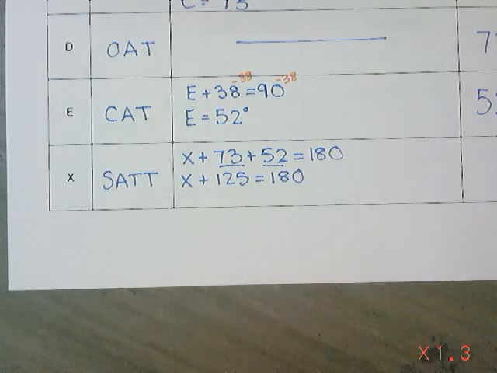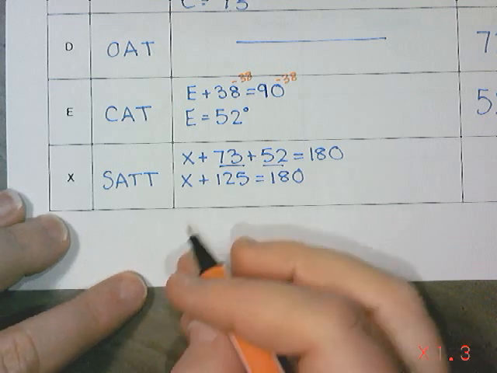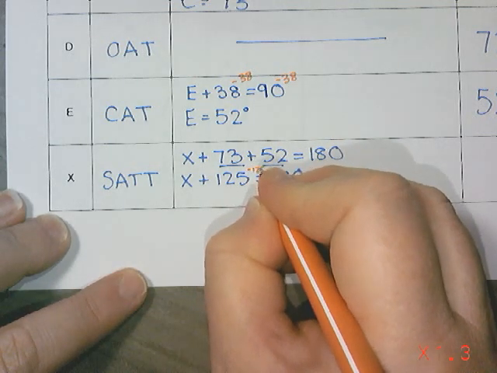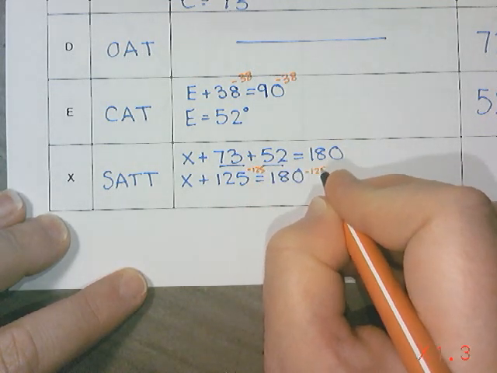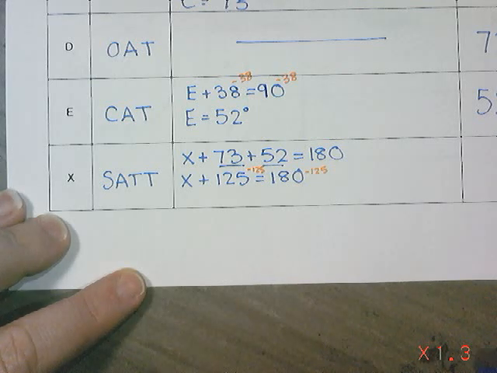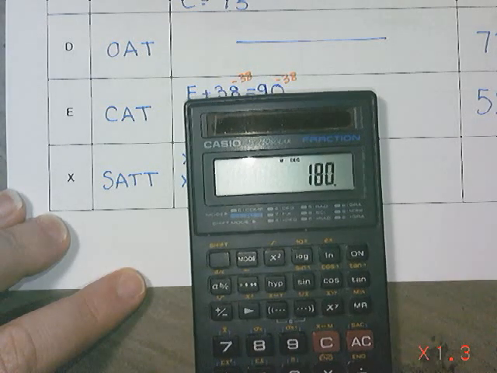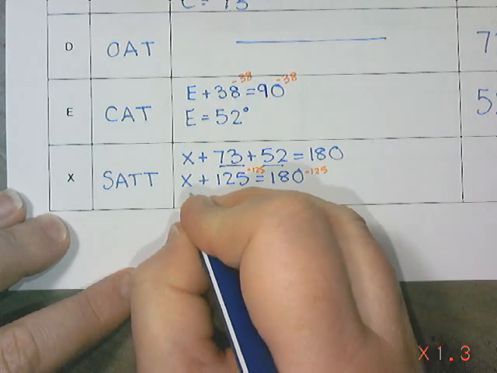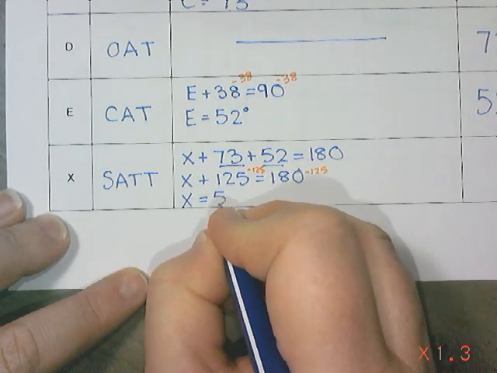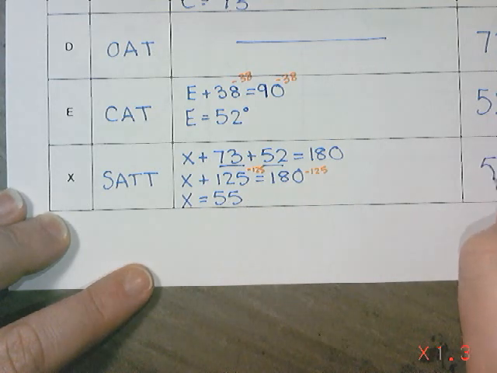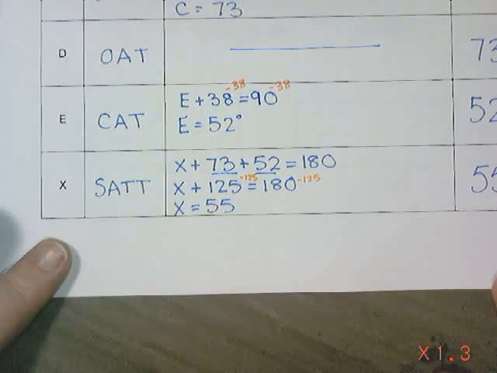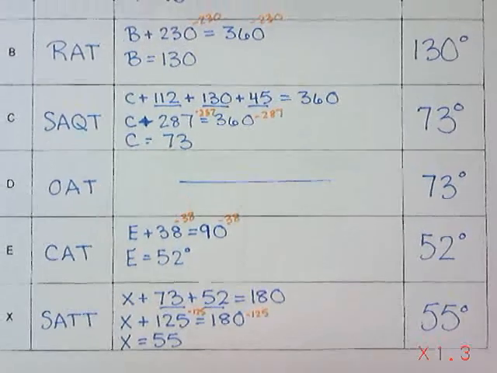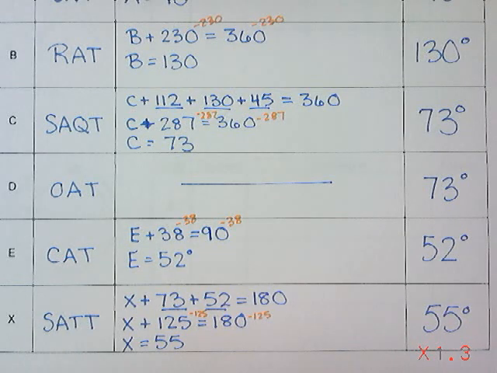That equals 180. And then I would subtract 125 from both sides. So 180 take away 125 is 55 degrees. So that's it for question number 1 on our geometry review.